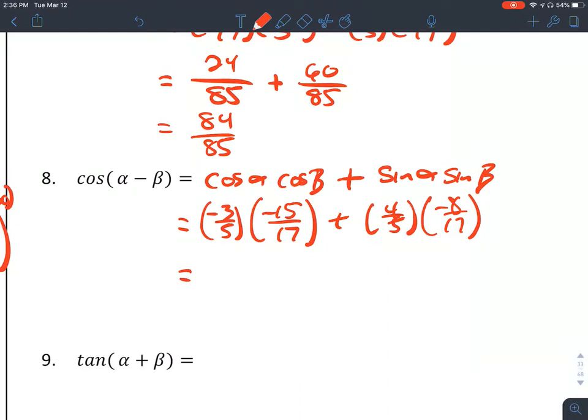Quick mental math, we're going to get 45 over 85. Adding a negative is like subtracting a positive, 32 over 85. And that's going to give us 13/85. Done.